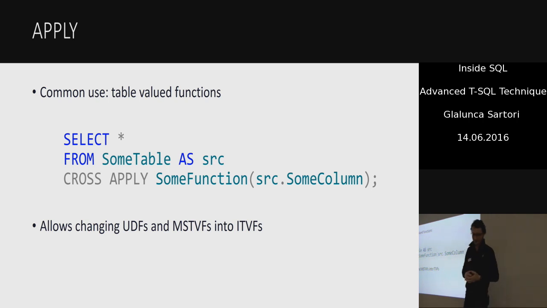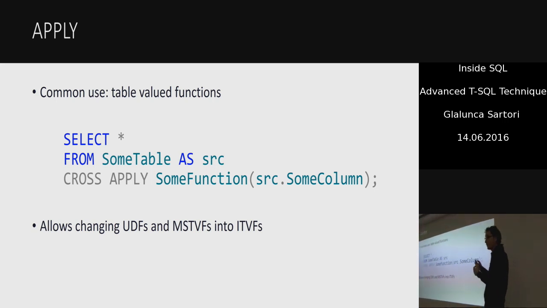With SQL Server 2005, the apply operator was introduced, so what you could do, you could apply a function to an input set, so basically a query, and you could use some of the columns in the input set as a parameter, a correlation anchor for the function.